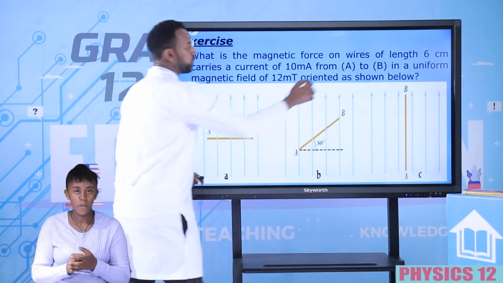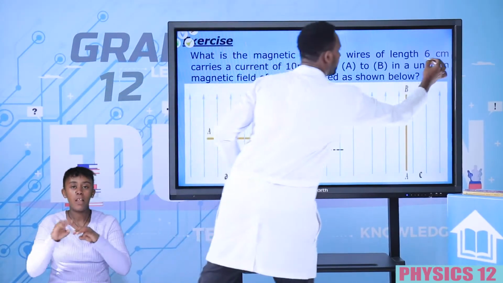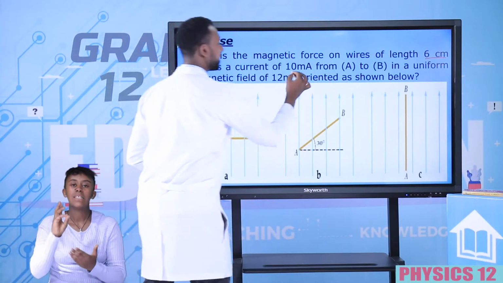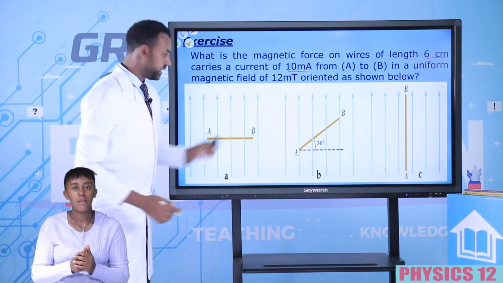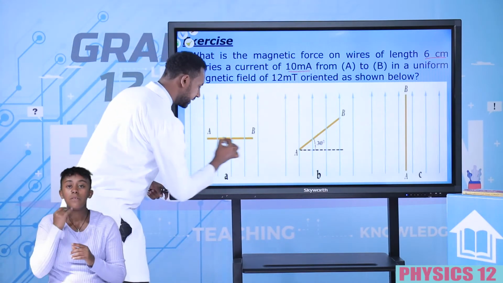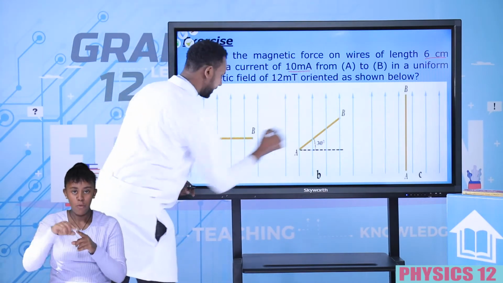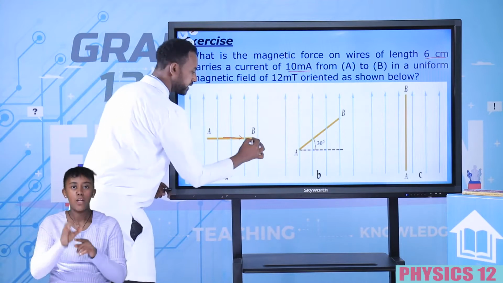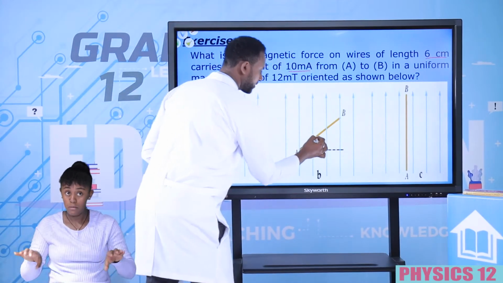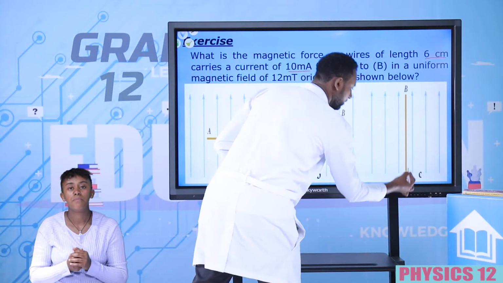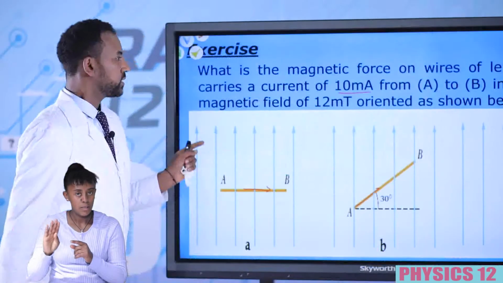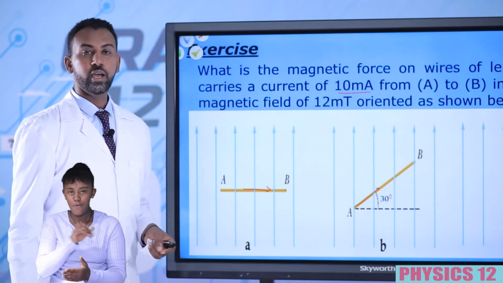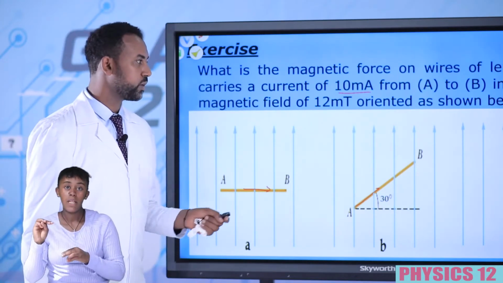What is the magnetic force on a wire of length 6 centimeter that carries a current of 10 milliampere from A to B, meaning the current is directed from A to B in each case, in a uniform magnetic field of 12 millitesla oriented as shown.